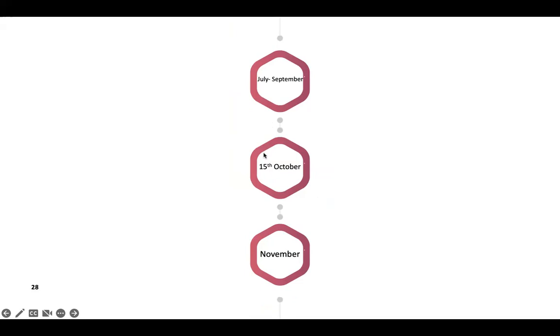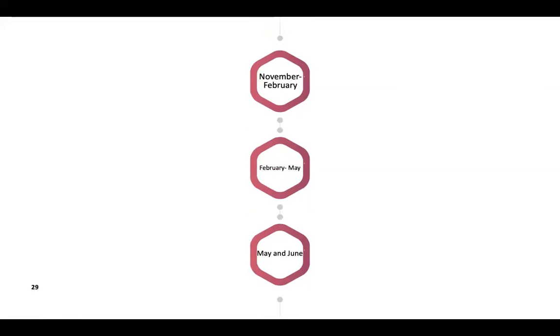Then on the 15th of October, you have to submit your UCAS application. During this period you need to think about learning BMAT, if that's an exam you're thinking of sitting. And in November, or earlier, start some interview practice so that you're prepared just in case you do get an interview invitation.